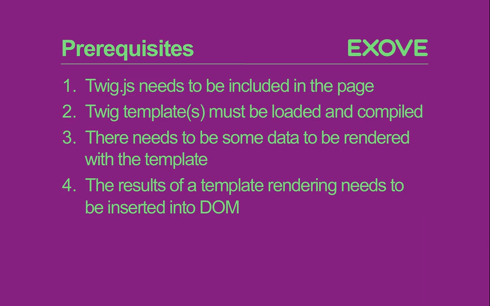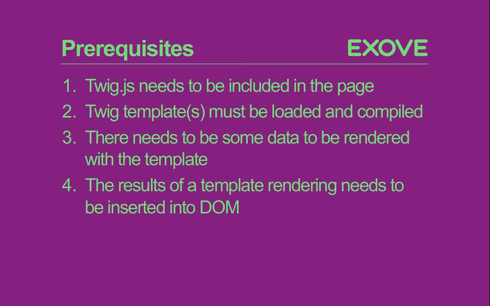But we have 4 prerequisites, or sort of the process. We need to include Twig.js to the page. We add the JavaScript that says, okay, this page uses dynamic rendering, and we need to include the rendering library to actually be able to render. Then Twig is a template language, so we need to load the templates that Twig will compile and that we can use to render.